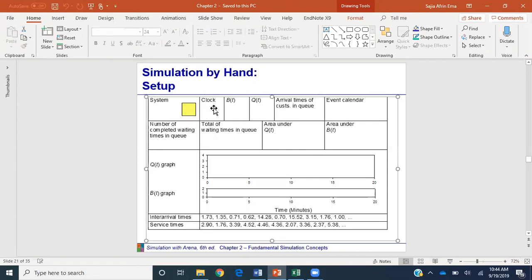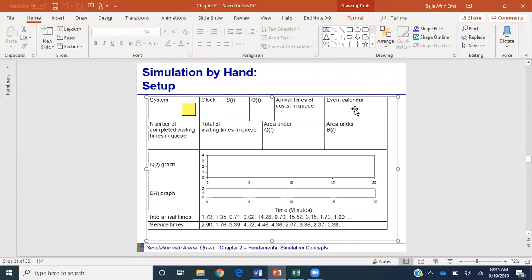This is the event clock. BT means the number of resources busy at time T. QT means the number of parts in the queue at time T. Then the arrival times of customers in the queue. It's just tracking the arrival times.